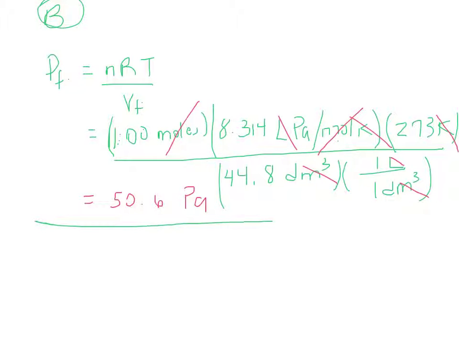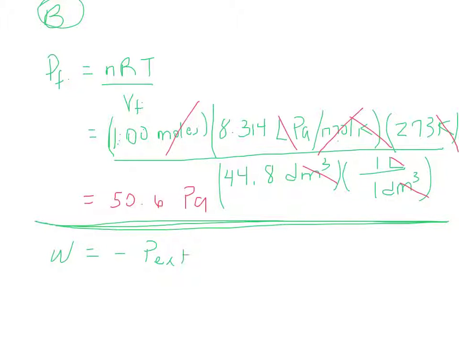So now we were asked to calculate the value of work. Our value of work for a process under constant external pressure is P external times the change in volume. So our external pressure is 50.6 Pascal. And remember, our unit of joules is the same thing as a Pascal meter cubed. So we want our pressure in Pascal, and we want our volume to be in meters cubed.